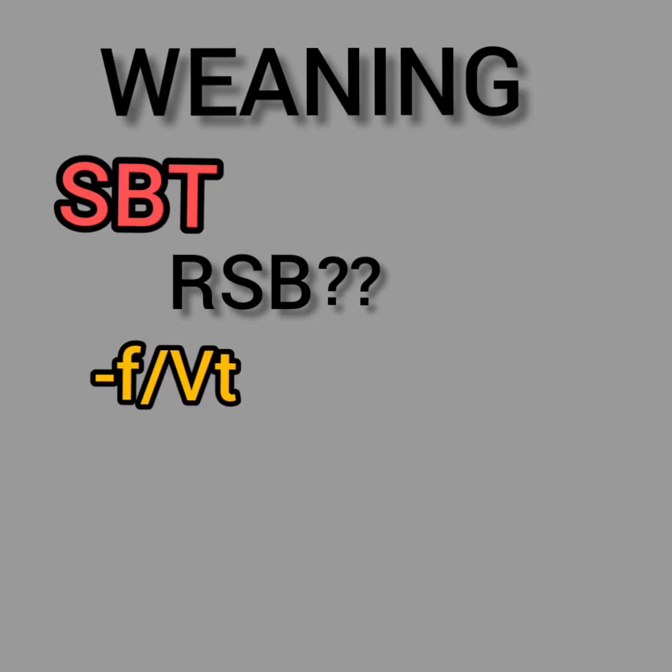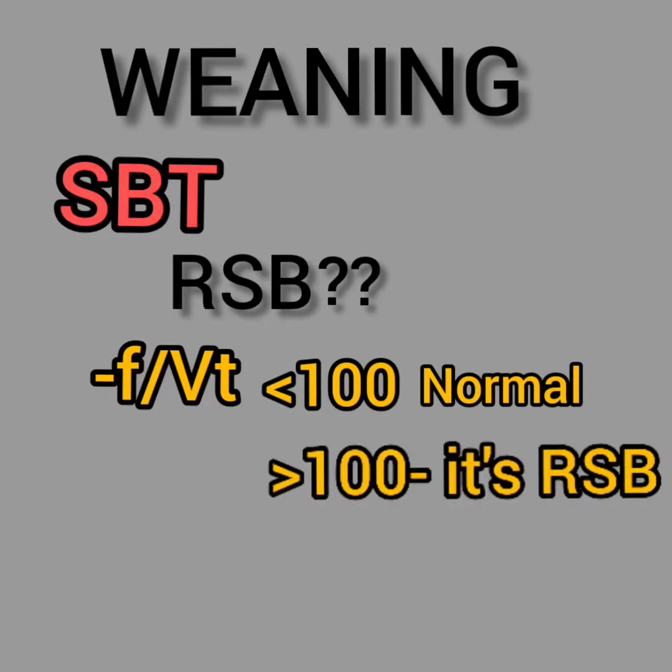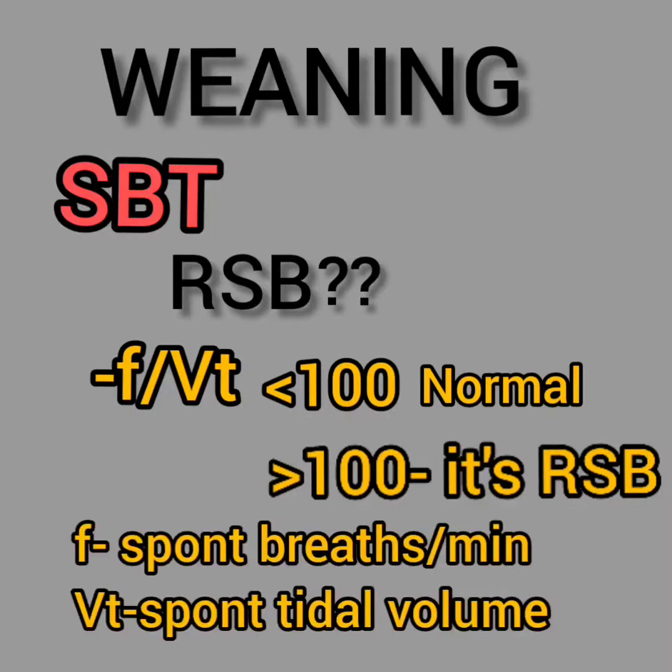If the F by Vt index is less than 100, then it is a normal breathing pattern. If it is more than 100, then we can say it is rapid shallow breathing, which indicates weaning failure. Here F is the number of breaths per minute and Vt is the tidal volume.